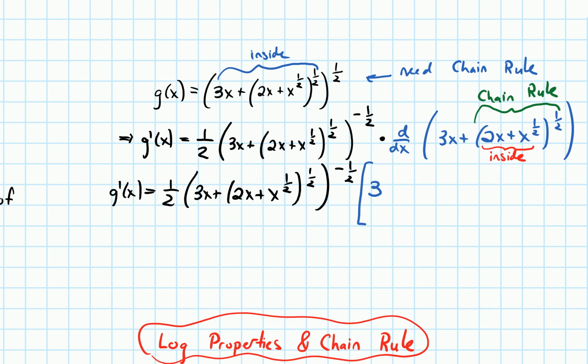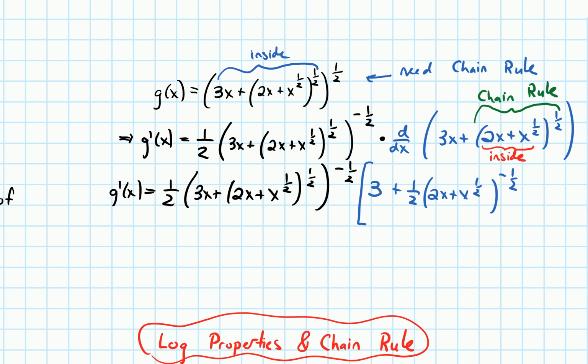All right, so using the chain rule, we'll first deal with that outside portion. Let's bring that 1/2 power down. Subtract 1 from the power. That'll give me a negative 1/2 up there. When we do that, keep the inside the same, 2x plus x^(1/2).